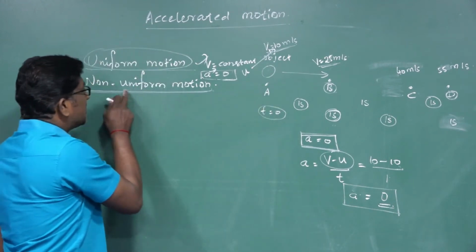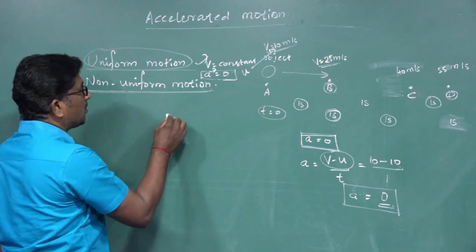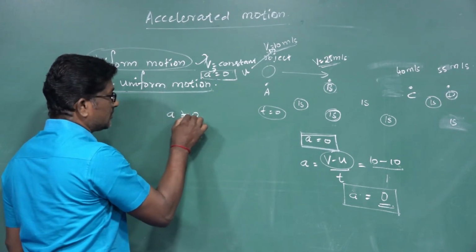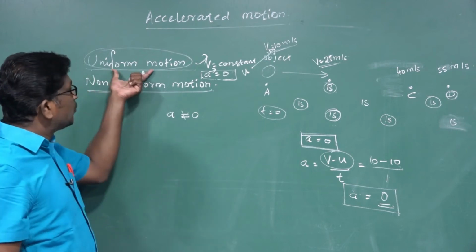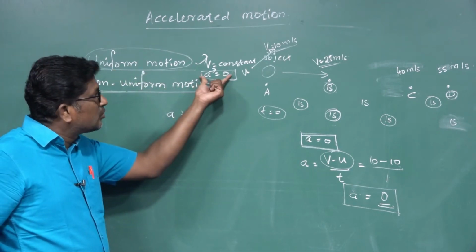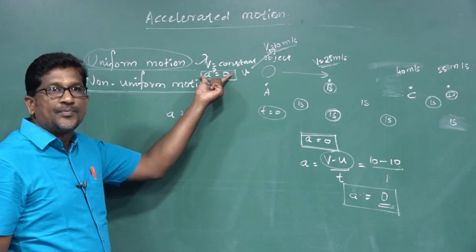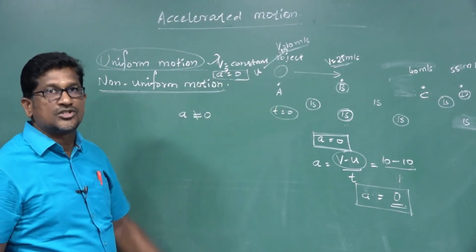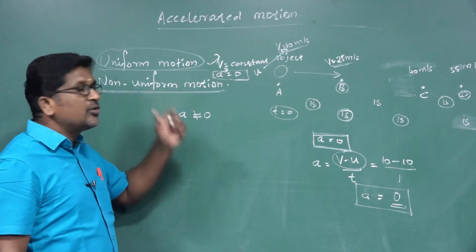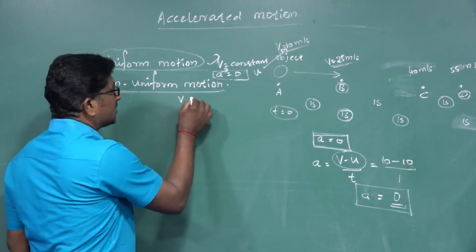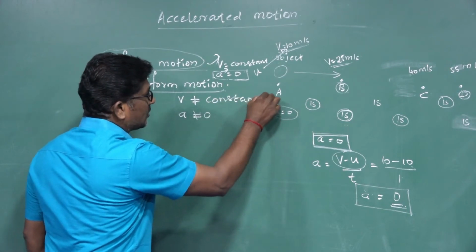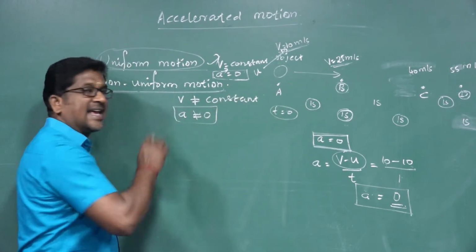What is the acceleration of the particle in non-uniform motion? The acceleration is not equal to 0. In the case of uniform motion, the acceleration possessed by the particle is 0 because the velocity of the particle in uniform motion is constant. But in non-uniform motion, the velocity is not constant, so the particle experiences an acceleration.